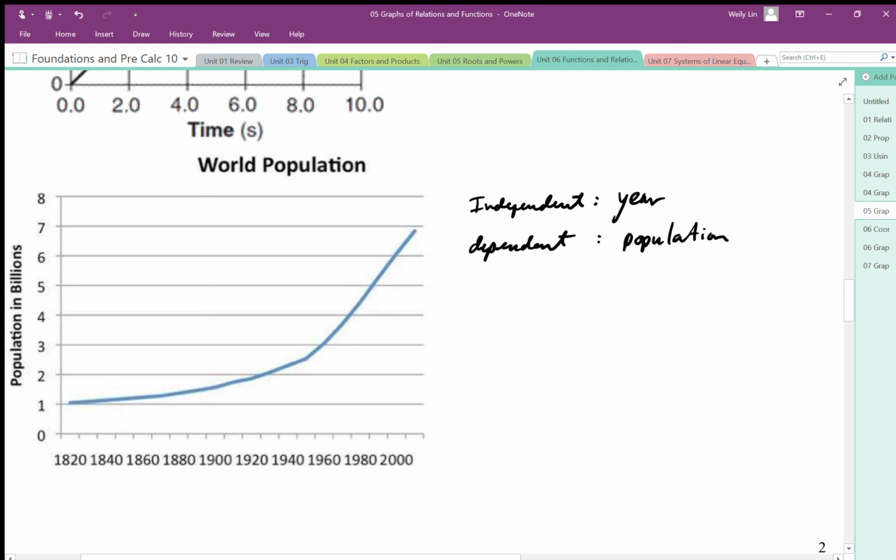Now, this one here, when we talk about the domain and range, it's a little bit weird in that we could possibly say that this is continuous, since the increments of time can be broken into any increments, and we can also say that the population essentially is continuous because there are so many points, and the differentiation between each point on that graph is different.